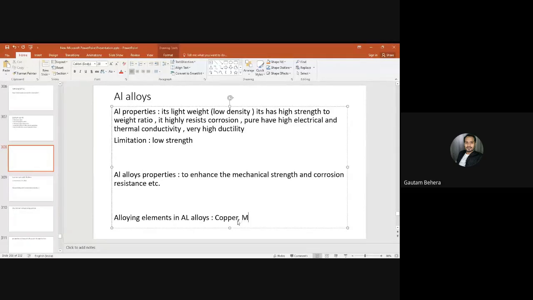It can form alloys with manganese, Mn. It can form alloys with silicon. It can form alloys with copper, manganese, silicon. Then it can form alloys with magnesium, Mg.